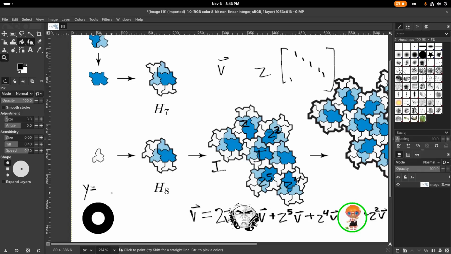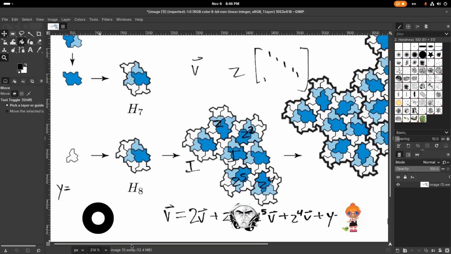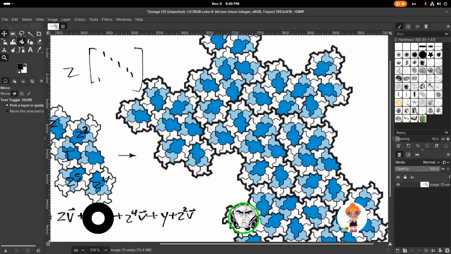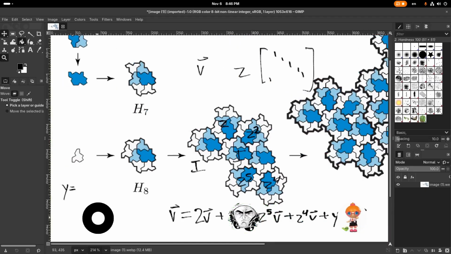And then similarly, we have a different equation with y that's a recurrence where v and y evolve in parallel. So the v and y of the next generation depend on v and y of the current generation.